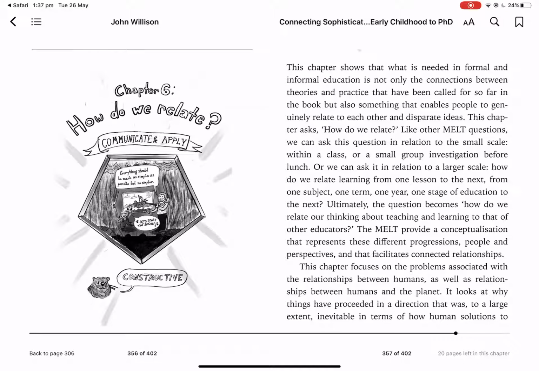The communicate and apply for the Beaver is all about being a constructive person, being a constructive teacher, as opposed to being self-serving or trying to be just merely persuasive. Whilst we want to have persuasive writing and persuasive titles, our prime concern here is to be a builder, build up, constructive.